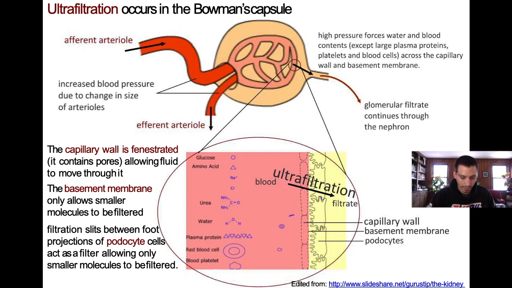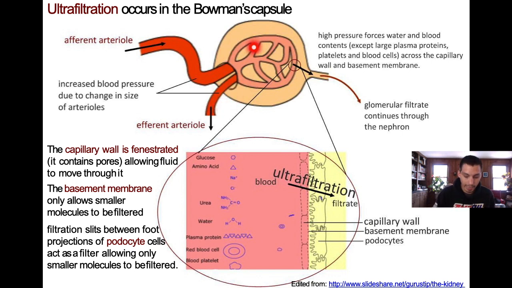And you can notice there's a sizable change in the size of the arterioles. There is a much larger blood vessel in the afferent arteriole than the efferent arteriole. Because the efferent vessel is narrower, the pressure increases as the blood is coming out.